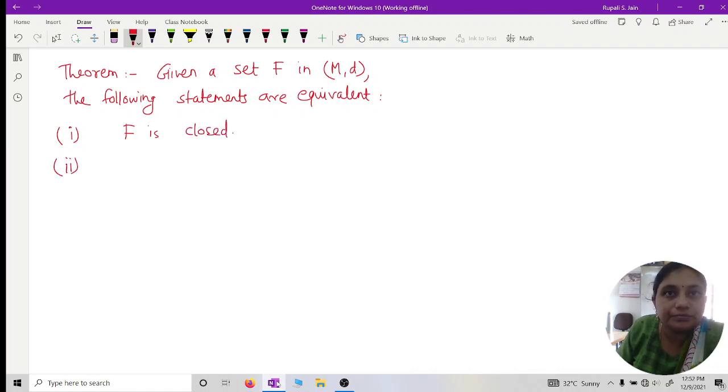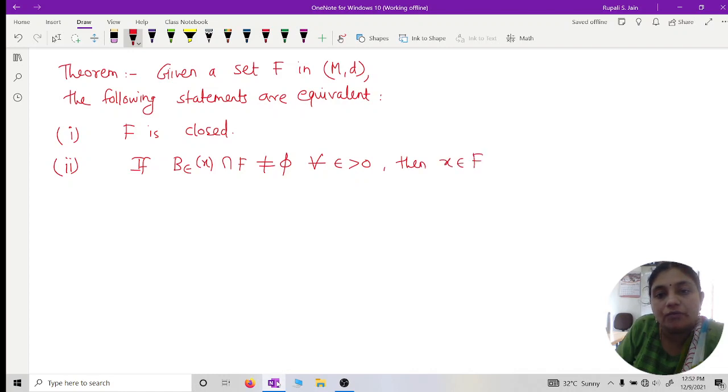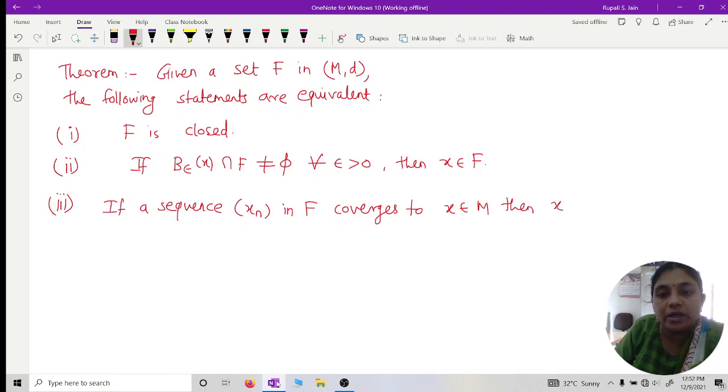Second, if B_epsilon(x) intersection F is not empty for every epsilon greater than 0, then x must belong to F. And third, if a sequence x_n in F converges to x in M, then also x must belong to F.